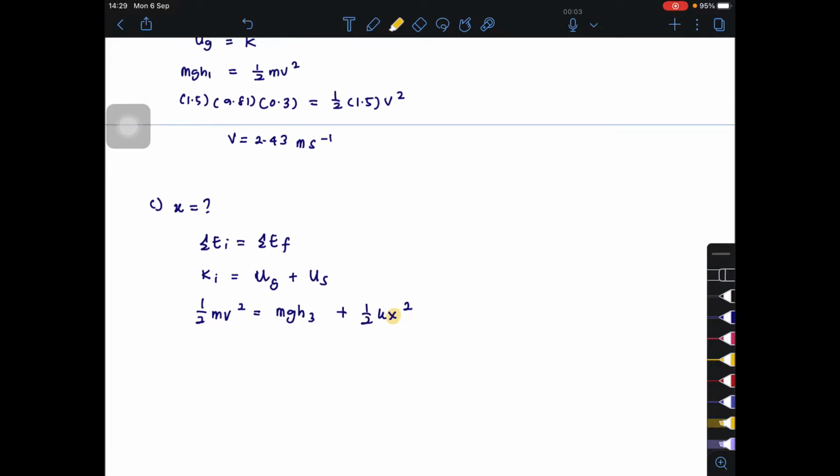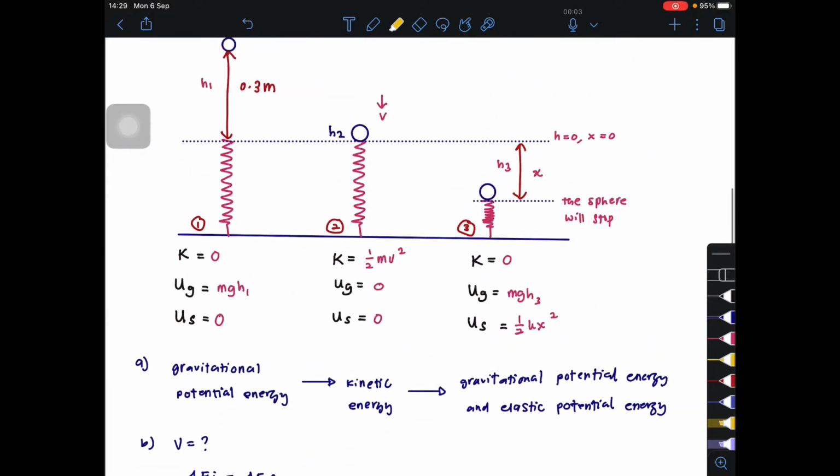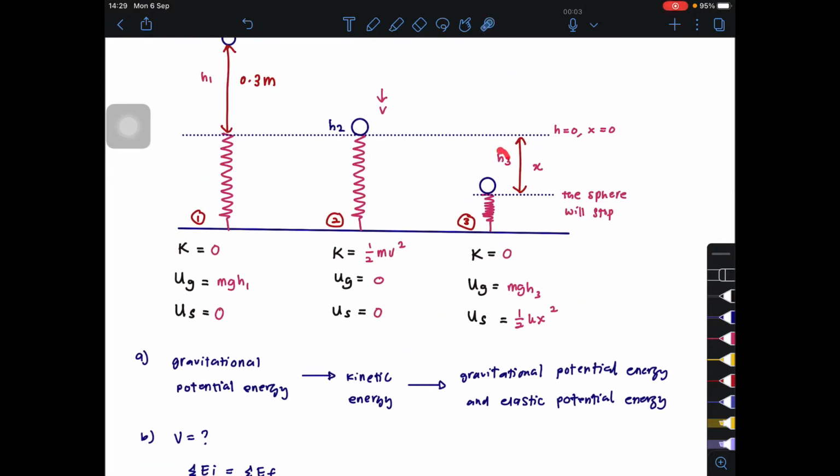Okay, and now value untuk H3 here. So H3, kami sudah labelkan this is H3, which is actually sama dengan X. Okay, tetapi H3 ni dia di bawah position di mana kita letak h sama dengan kosong. So kalau dia di bawah, dia kena letakkan sebagai negative.